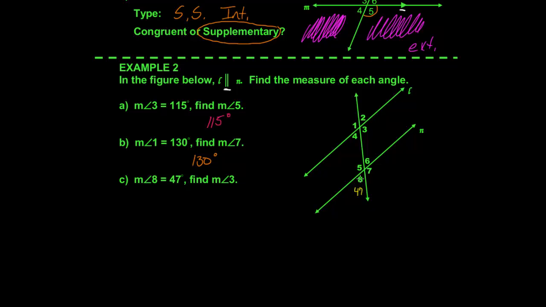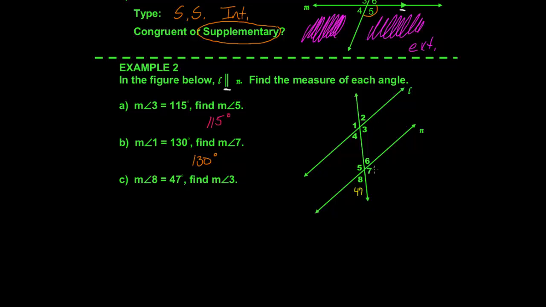But we know that 3 and 7, if we look at 8, what kind of angle pair will be formed by this? They are not on the same side, and they are neither interior nor exterior. So we don't have any of the angle pairs that we've gone over. Nothing will fit this, but we know 3 and 7 are corresponding. Correspondings are congruent. So let's see if we can find 7.